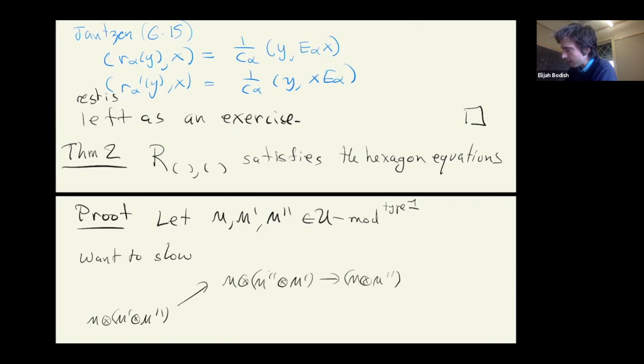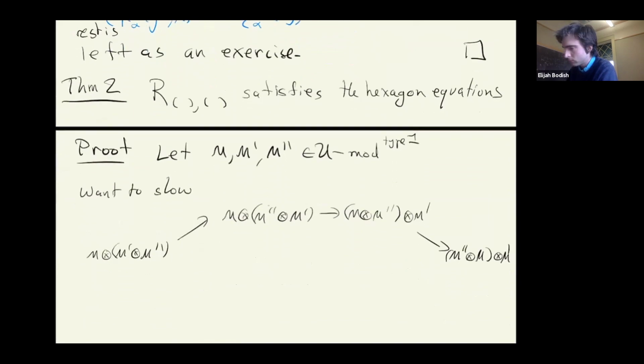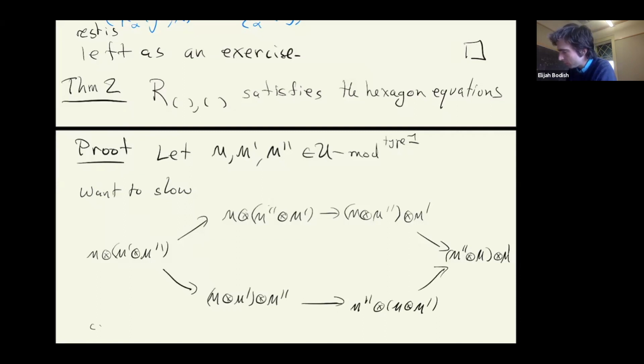So I'll write out the diagram and I'll leave filling in the maps from last time as a mental exercise. And then I'll write down what we actually want to show in terms of morphisms. So we want to show that this diagram commutes.